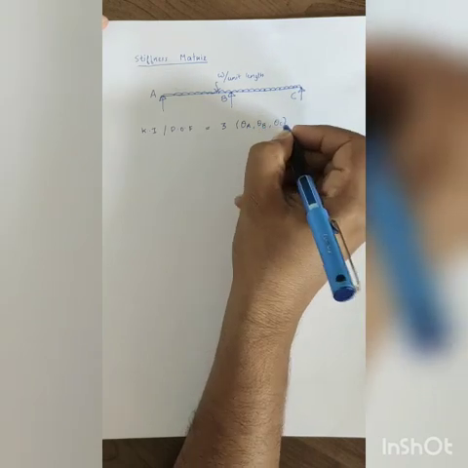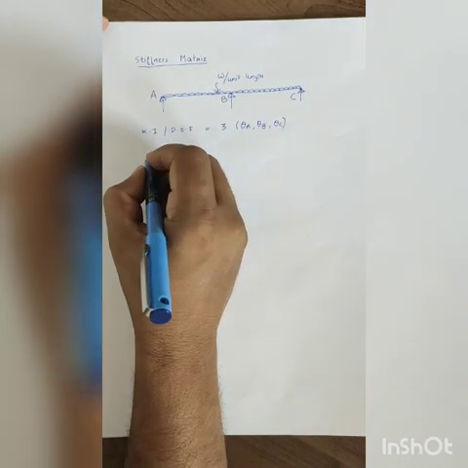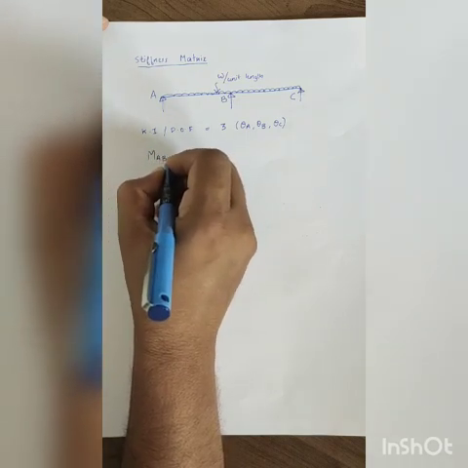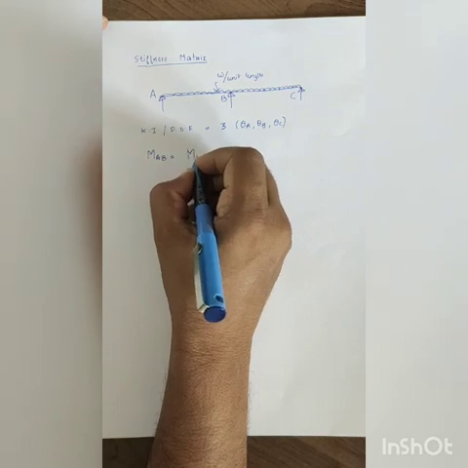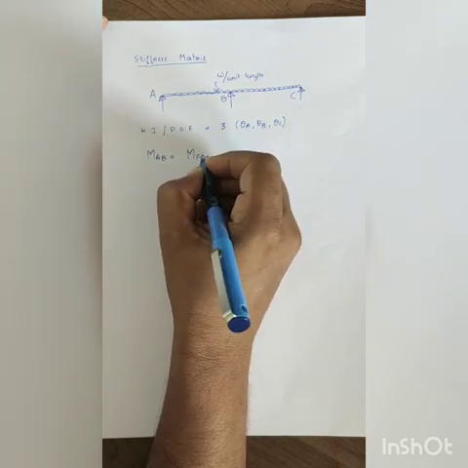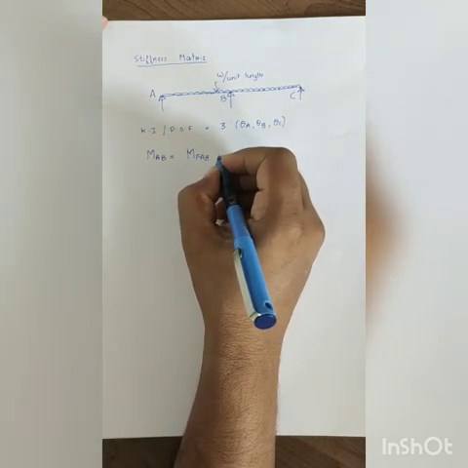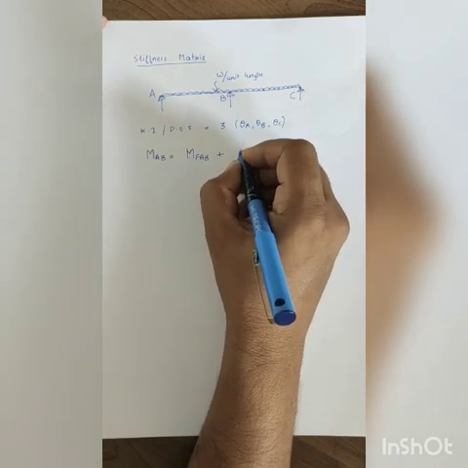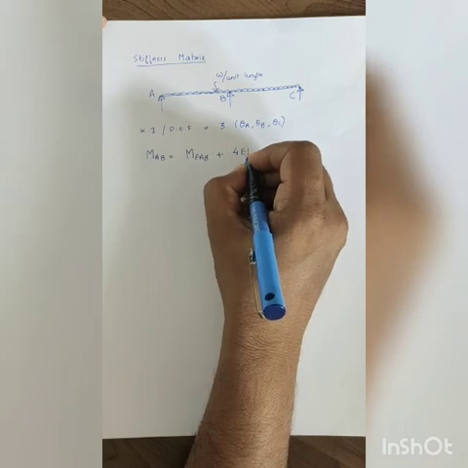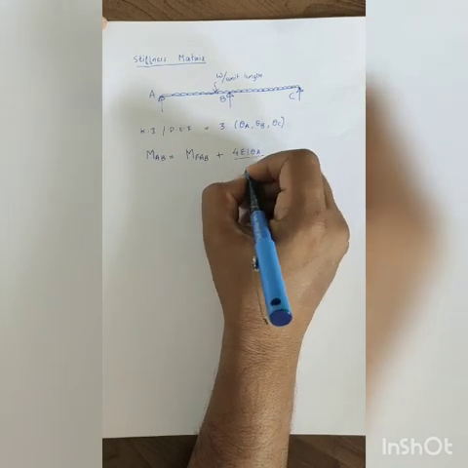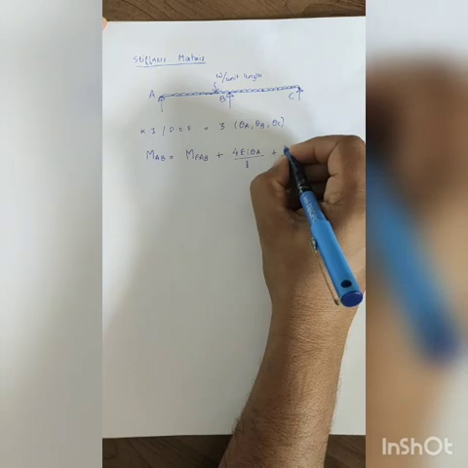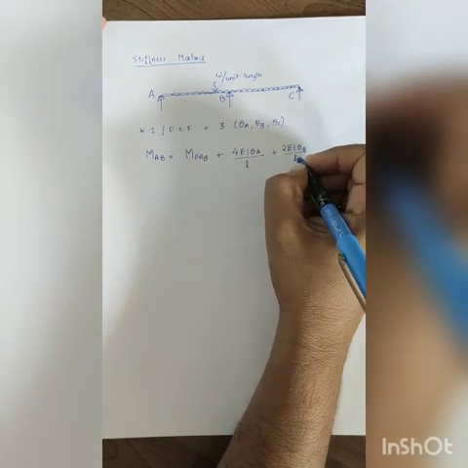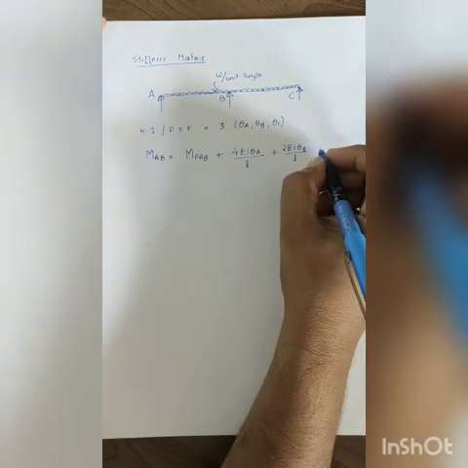Now you know the basic slope deflection equation, that is MAB is equal to MFAB, that is the fixed end moment at the span AB at left support A, plus 4EI theta A by L plus 2EI theta B by L. So that is MAB.